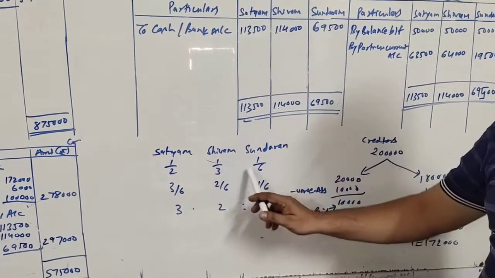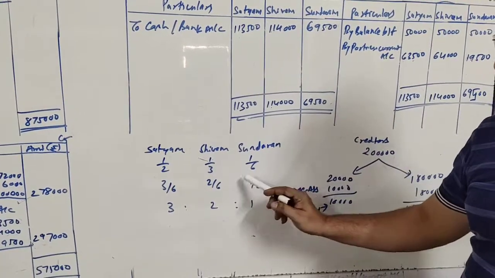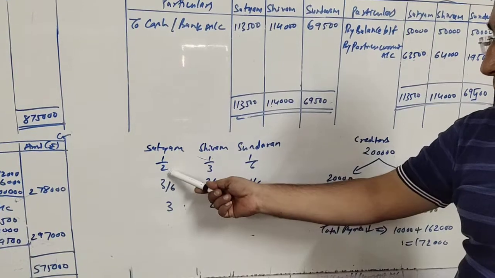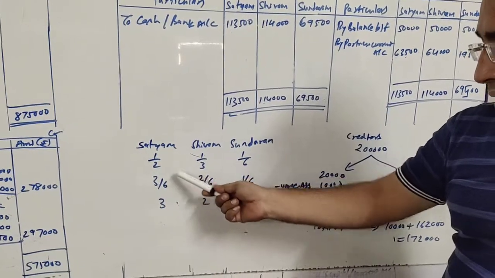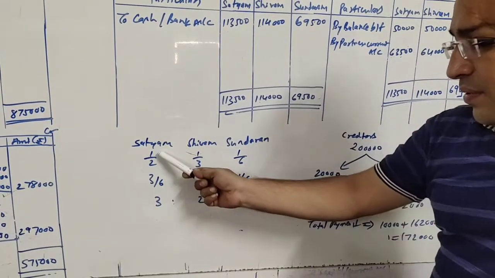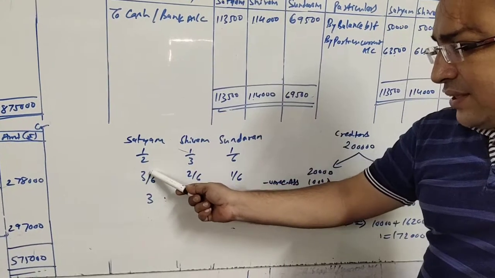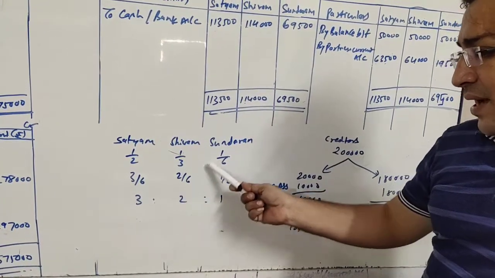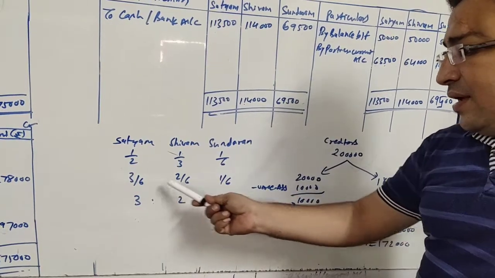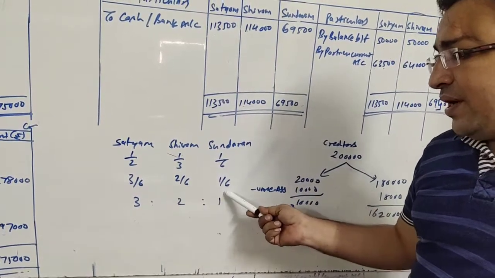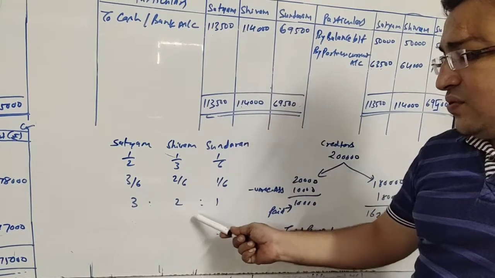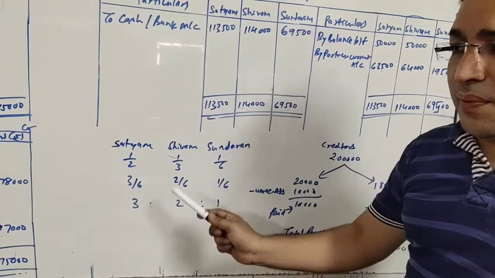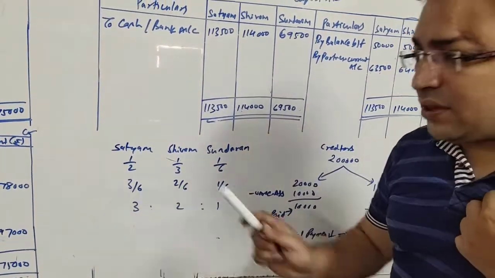We will make the denominator equal. So to make denominator equal, we will have to multiply here with 3, as the LCM is 6. So it will be 3/6. Here we will multiply with 2, so we will get 2/6, and this is 1/6 already. Now we will remove the denominators. We get 3:2:1, which is the profit and loss sharing ratio among all three partners.